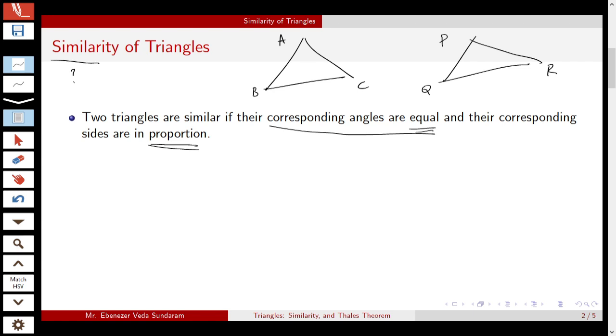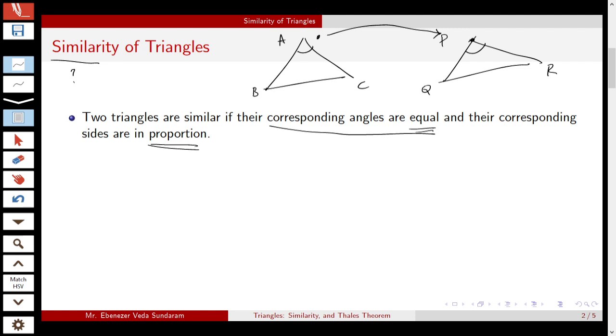So if I say this angle A has some measure, the same measure is going to be angle P or Q or R. The order now becomes important, right? So this angle A corresponds to the angle P.